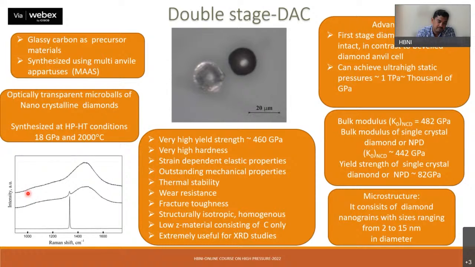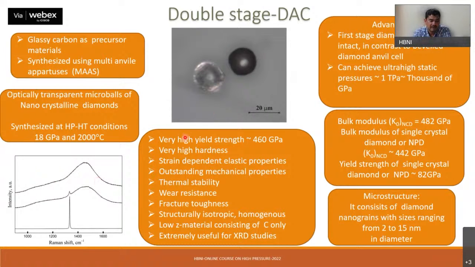So they have used Raman spectroscopy to check the quality of these synthesized nanocrystalline diamonds. They have used only those nanocrystalline diamonds which do not have the single crystal or polycrystalline signature, only spheres which have only this broader peak corresponding to the nanocrystalline diamond.